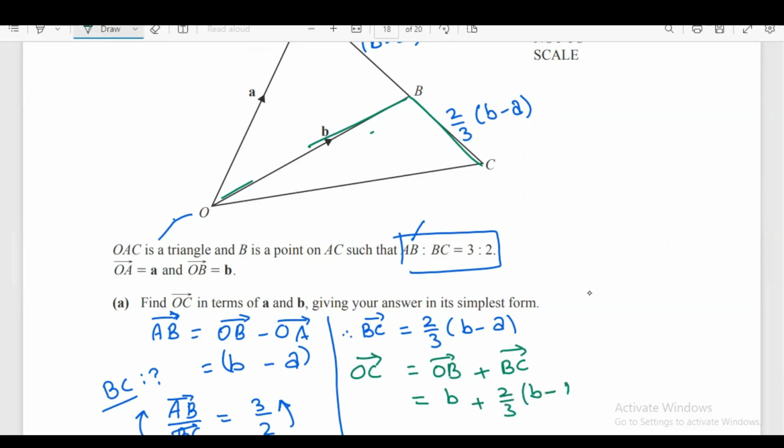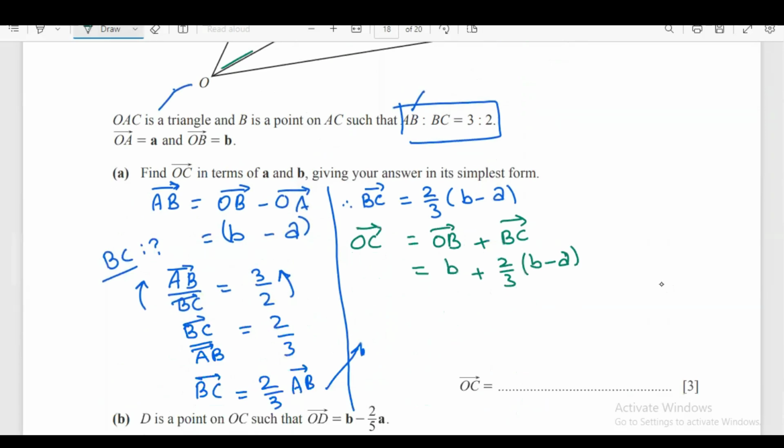But the requirement is that you have to write your answer in its simplest form, and this is not the simplest form. After simplification, b plus 2/3 of b minus 2/3 of a.